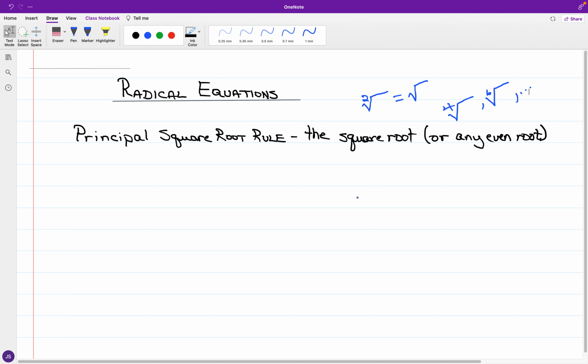With the principal square root rule, the square root or any even root of an expression cannot reduce to a negative constant.